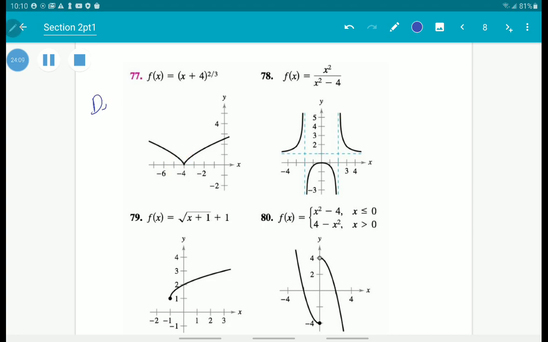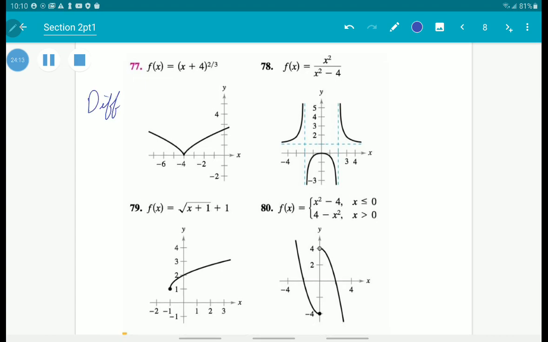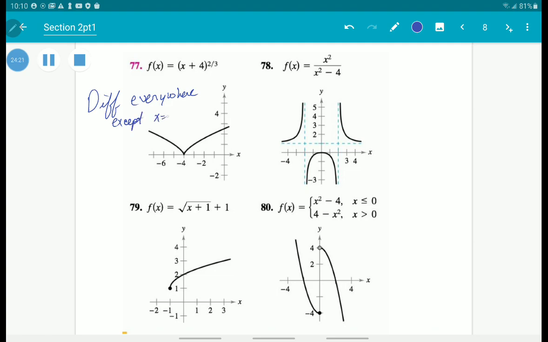So it's differentiable except x equals negative 4, sorry.